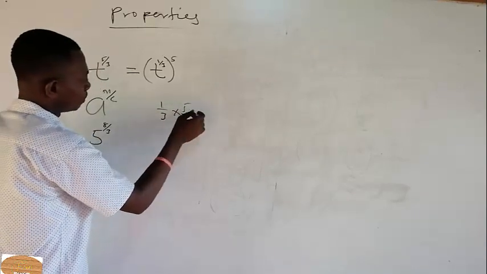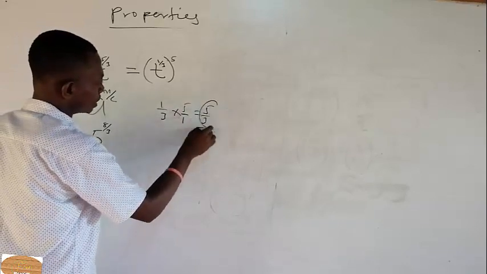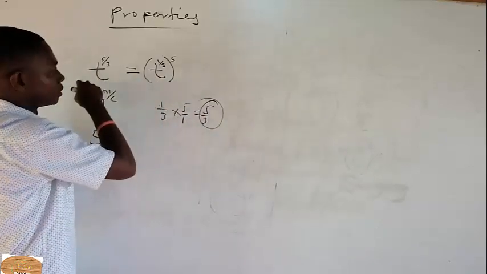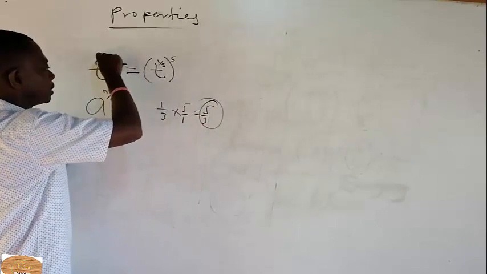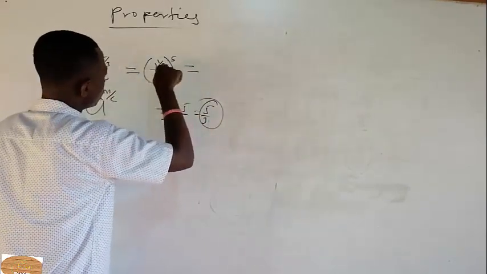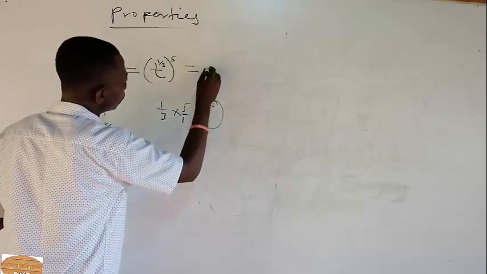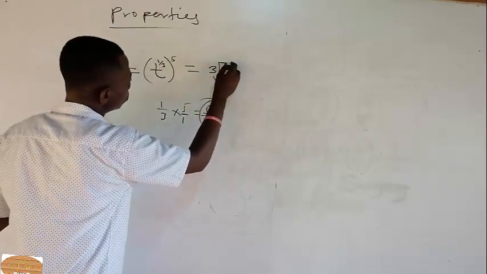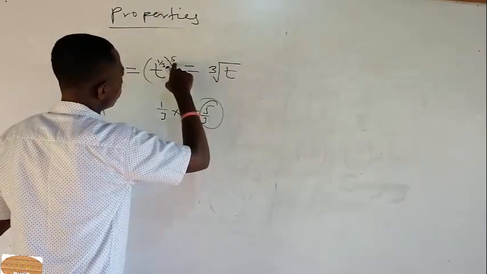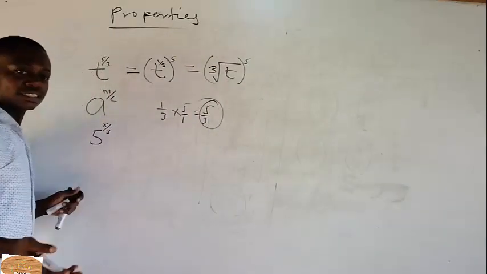So 1 times 5 is 5, and 3 times 1 is 3, so 5 over 3. And we know t to the power 1 over 3 is the same as the cube root of t, so the cube root of t, all to the power 5.